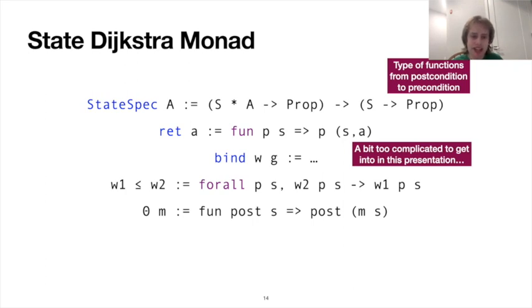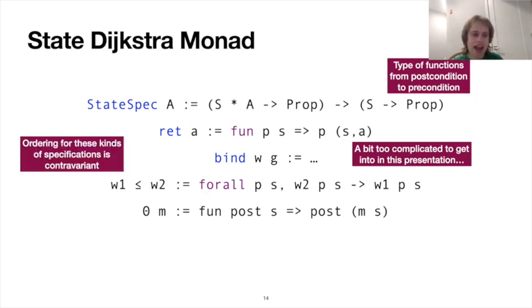This ordering relation, W1 refines W2, means for all predicates P and input states s, W2 P s implies W1 P s. And the ordering for these kinds of specifications is contravariant. If you find this confusing, I invite you to read the paper.